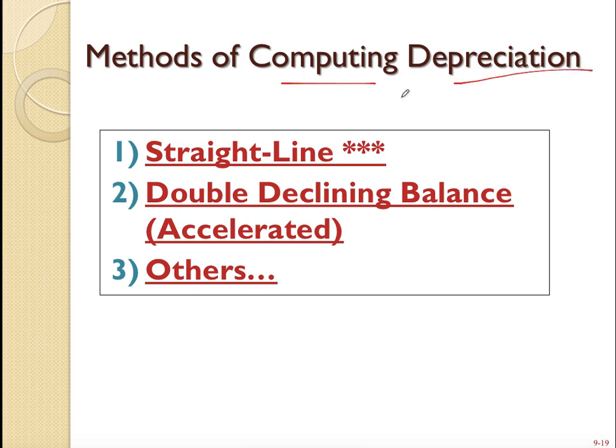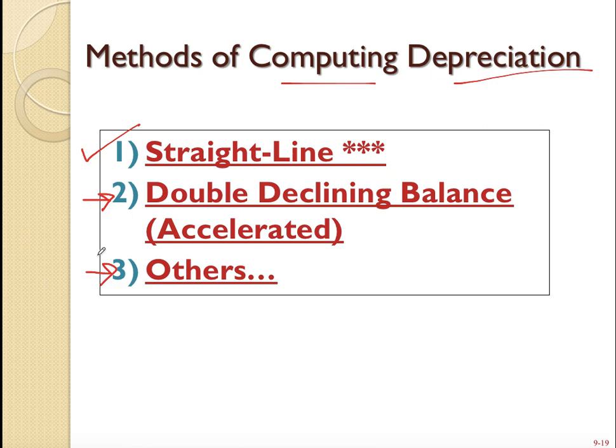There are multiple methods. The one I'm going to talk about in this video today is the straight line method, and that is actually the most commonly used of all of the methods. But there's other methods. Another method that we're going to talk about in class is called the double declining balance, which is an accelerated method. We'll talk about that later. And there's even other methods besides that. We're not going to talk about those other methods.